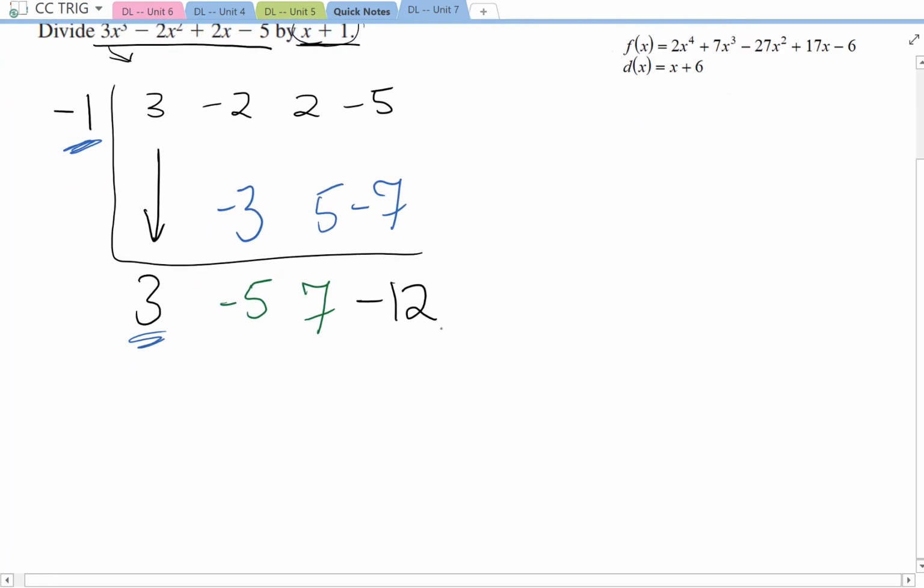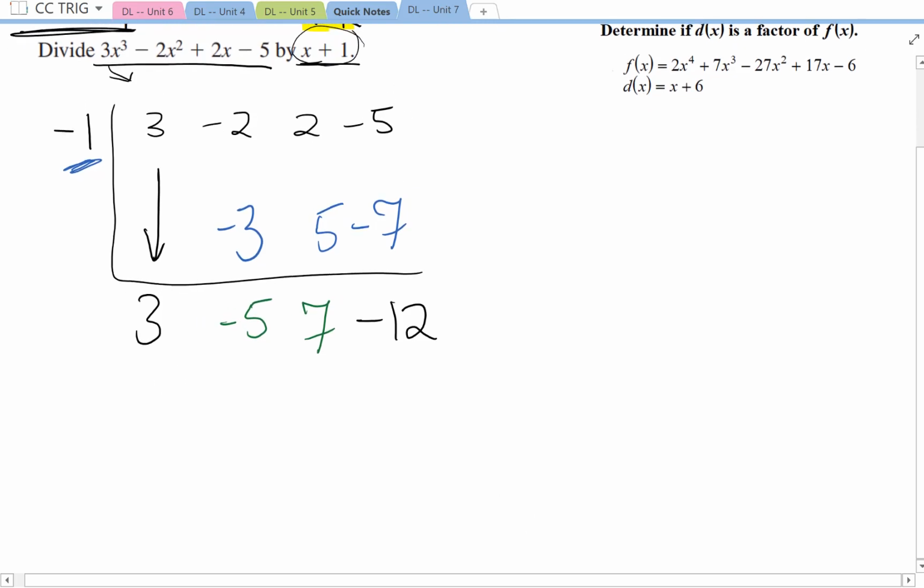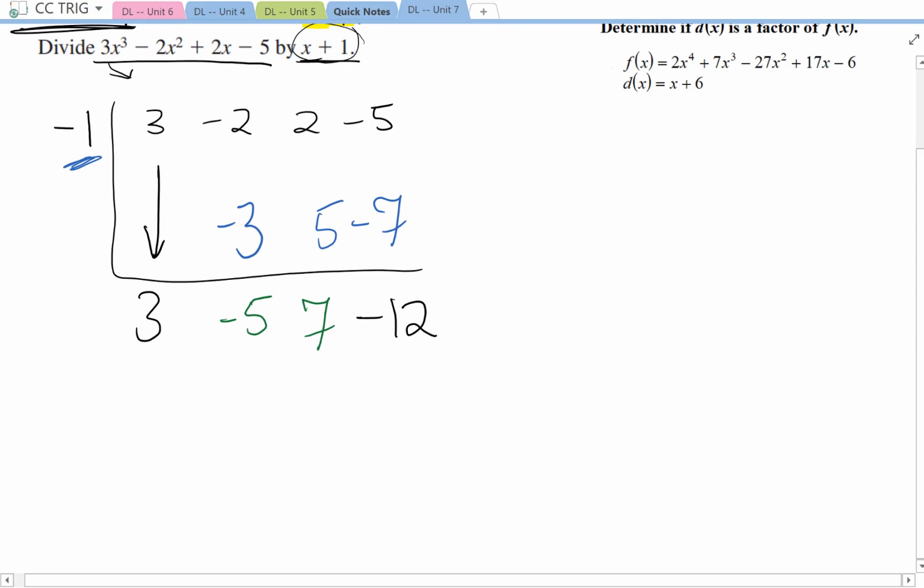You're not done. Your answer is not 3, -5, 7, -12. These are just the coefficients. That's the convenient thing about synthetic division: you don't have to write all the x's. But your answer is a polynomial.